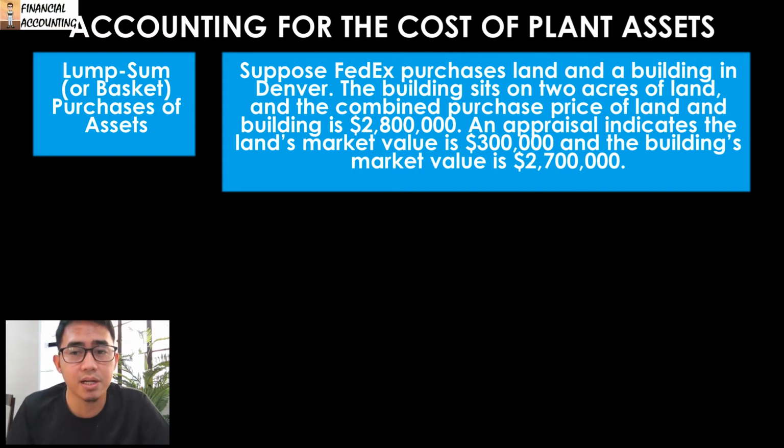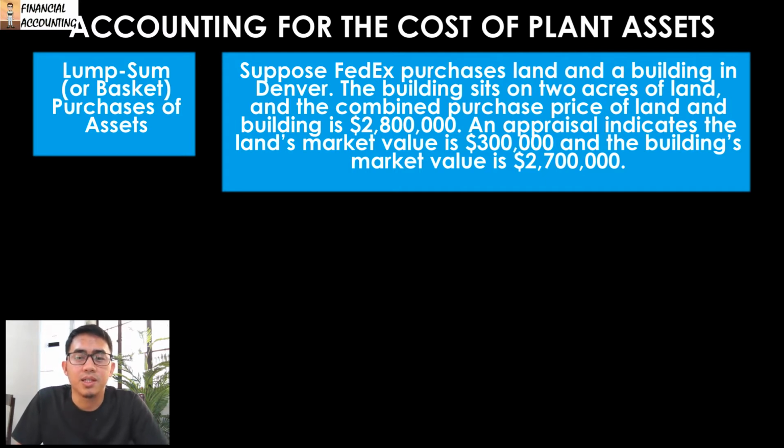Okay, so this is very common. You cannot actually purchase the building only, because you cannot carry the building, and where would you put it? So usually when you buy a building, it is included in a basket price together with the land.